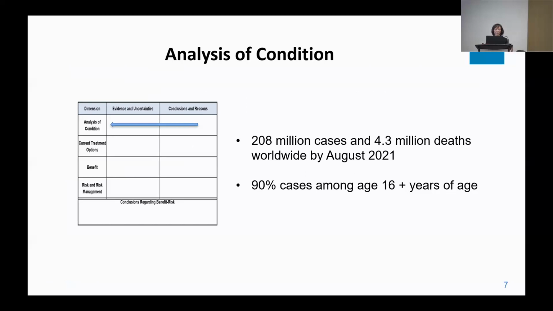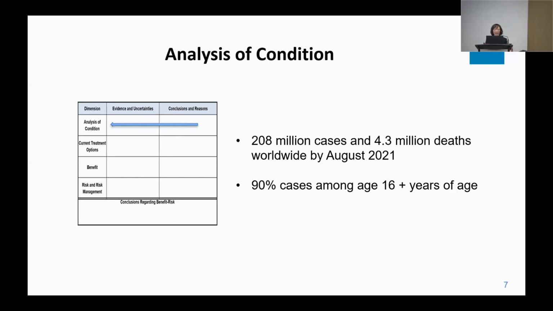So FDA conducted a benefit risk assessment to assist the evaluation of this vaccine. We follow FDA's structured framework for benefit risk assessment.